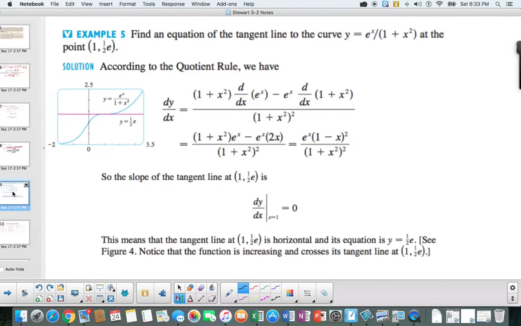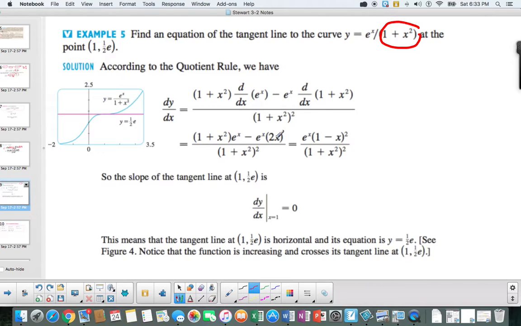Okay, so we want to find the equation of the tangent line of this quotient example at the point 1, 1/2 e. And so again, I'd like you to see that we are taking the denominator times the derivative of the numerator minus the numerator times the derivative of the denominator, all over the denominator squared.